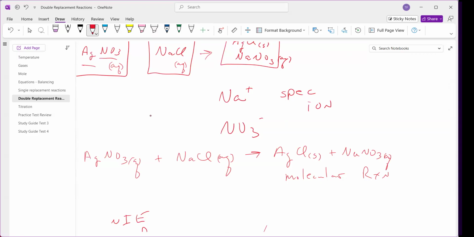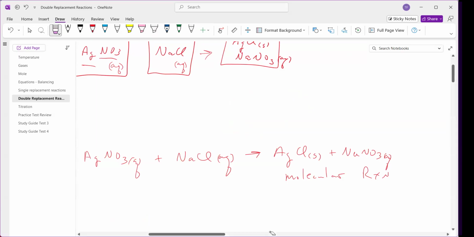Now, in your next class, you're going to be asked to write out the total ionic equation. So first of all, is this balanced?